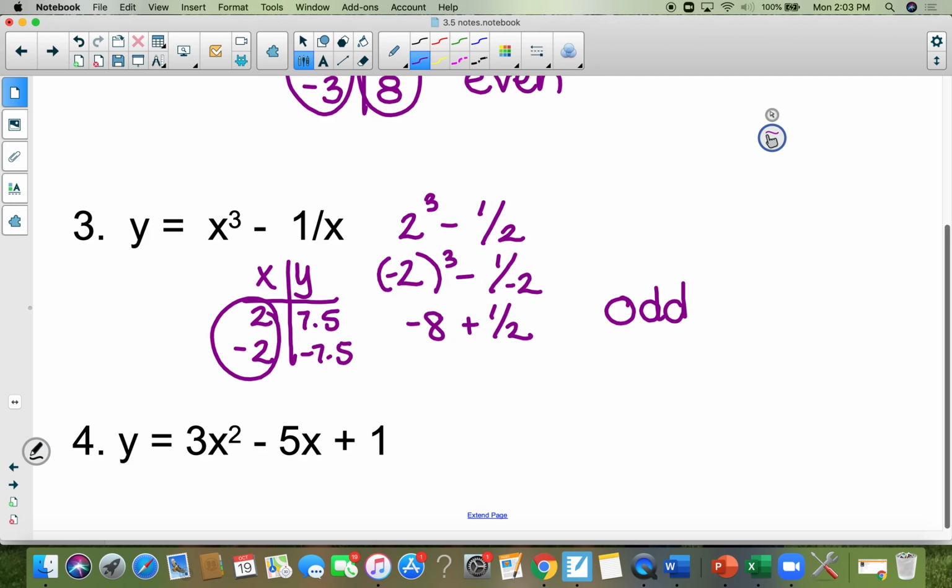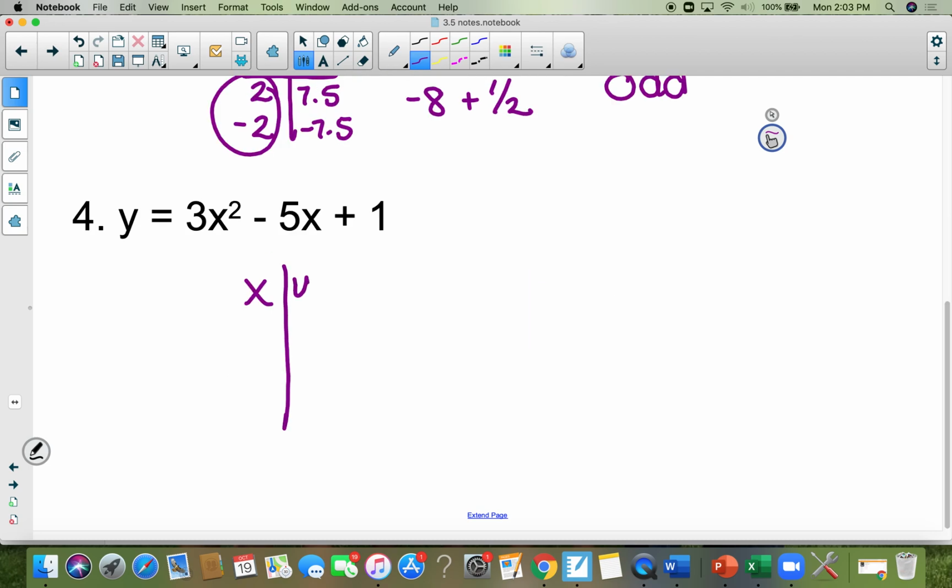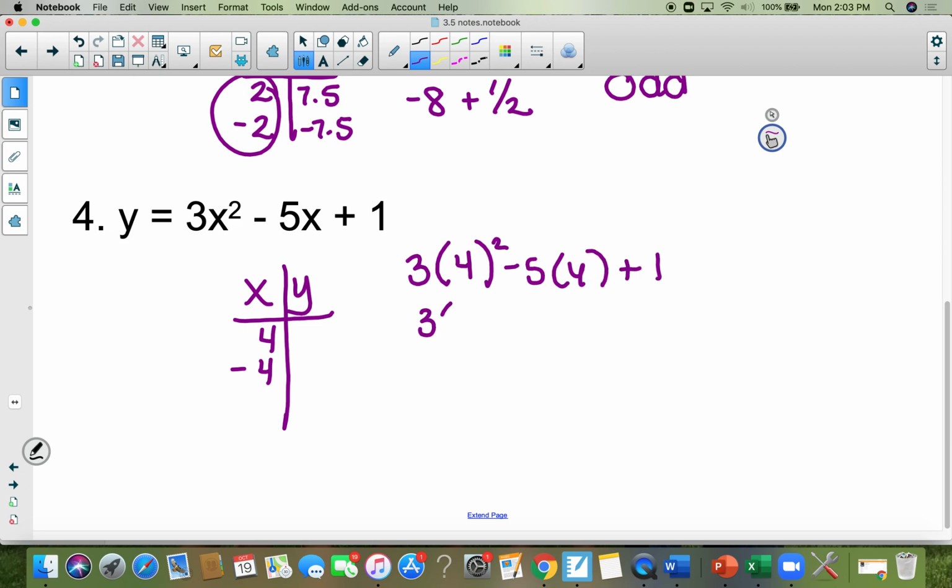And the last one, x and y. I'm going to use 4 and negative 4 on this one. Let's see, 4, this is kind of big. 16 times 3, parentheses, 4 squared minus 5 times 4 plus 1, and 3 parentheses, negative 4 squared, minus 5 times negative 4 plus 1. We are going to get 48 minus 20 plus 1. 48 minus 20 is 28 plus 1 is 29.